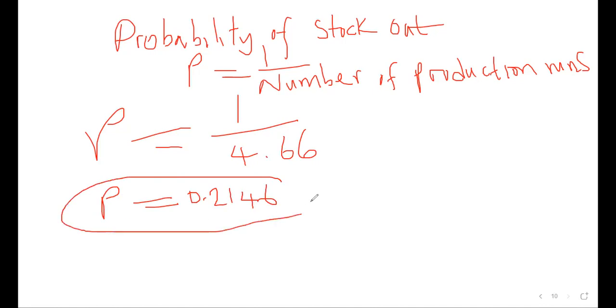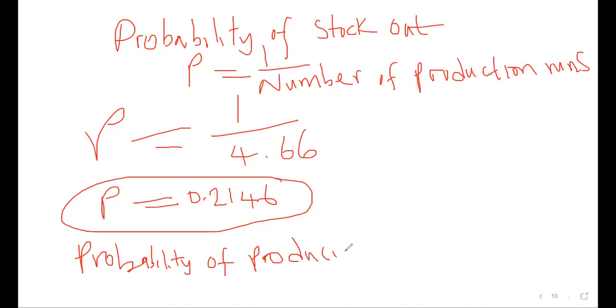So meaning probability of producing. Let's look at probability of producing is equal to 1 minus 0.2146.